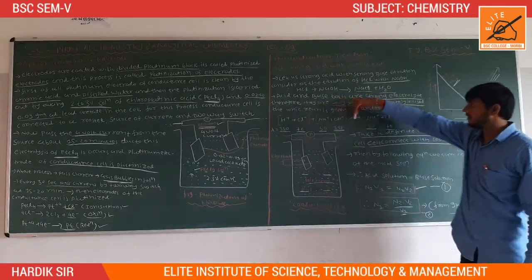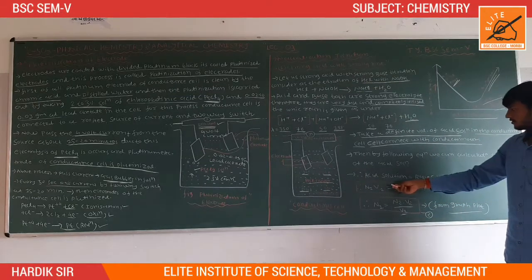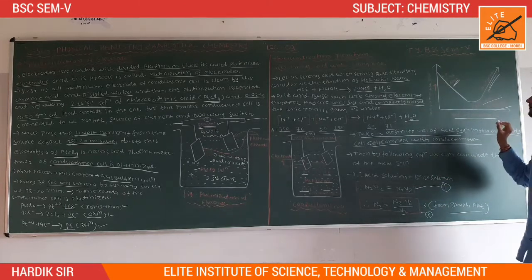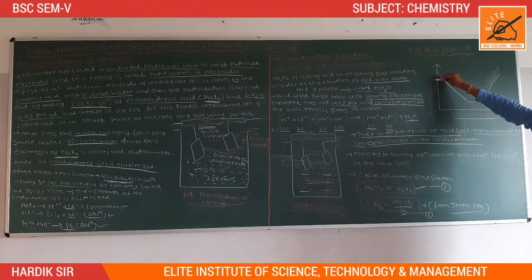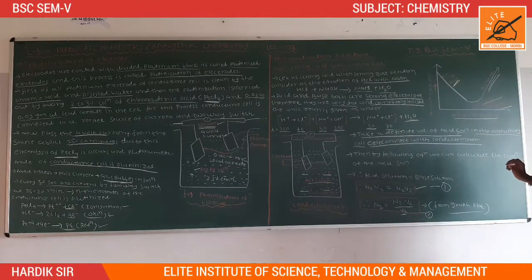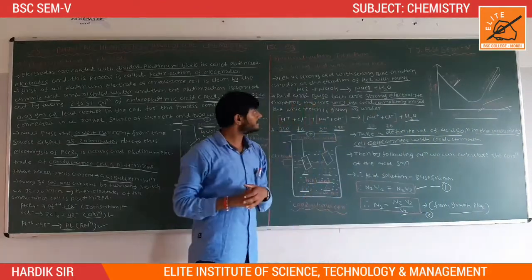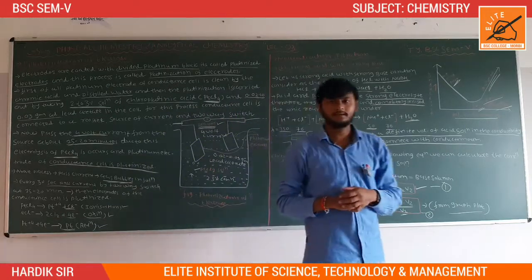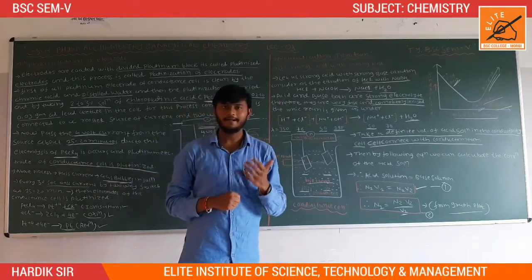The concentration is calculated from equations 1 and 2, and this is the graph of the strong acid versus strong base neutralization process. The graph is drawn as conductance versus volume of NaOH, and the V2 point is called the end point or equivalent point. So this is the concept of strong acid with strong base neutralization titration, and we will discuss the other three neutralization titrations in the next lecture.